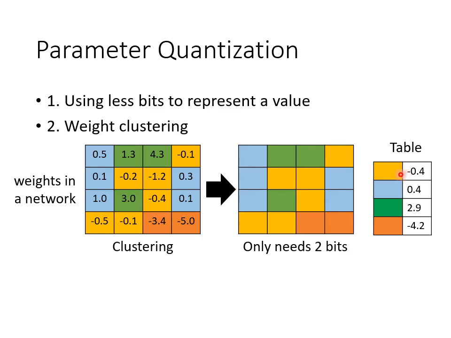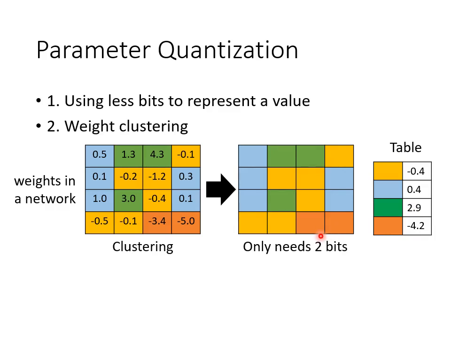This minus 0.4 may be the average of all the values in it. If the average of all the numbers in it is minus 0.4, we just use minus 0.4 to represent all the yellow parameters. Use 0.4 to represent all blue parameters. Use 2.9 to represent the parameters assigned to the green group. Use minus 4.2 to represent the parameters assigned to the red group.